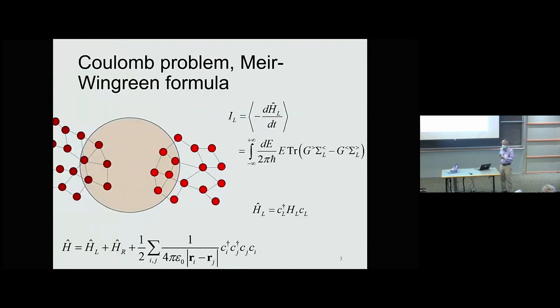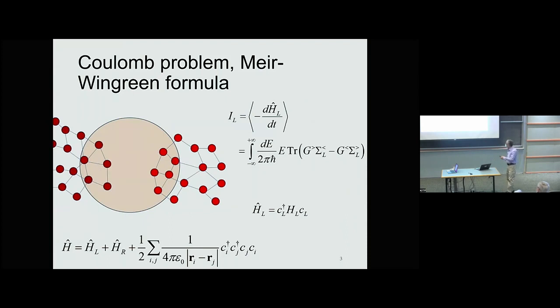So here is the model that I talked about. Let's imagine that you have a bunch of electrons hopping on a lattice or maybe some arbitrary structures. The idea is to separate it into two parts so that the electron is not allowed to hop to the other side. Although they are not connected, and the electron cannot go to the other side, they can still transmit energy because you have a Coulomb interaction.